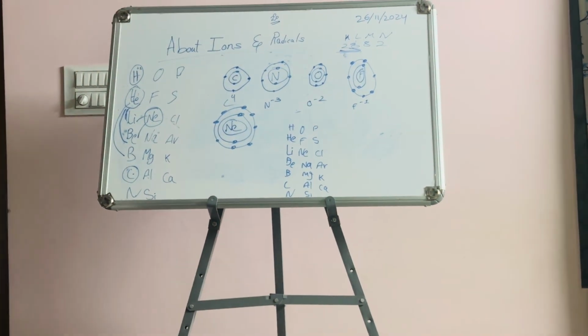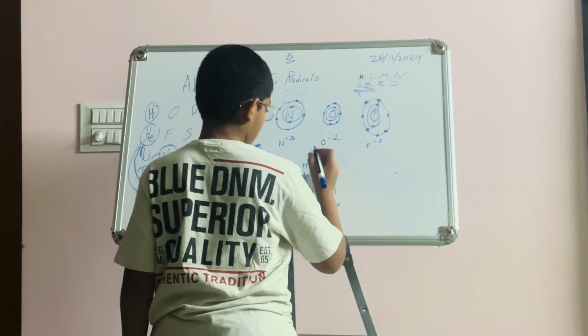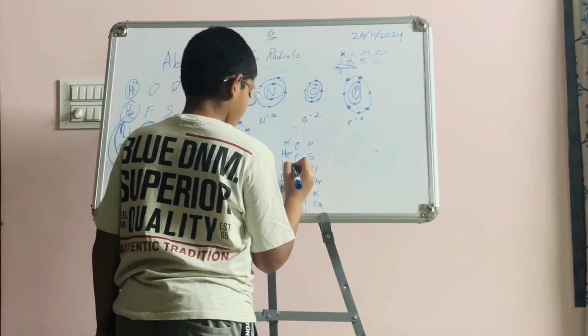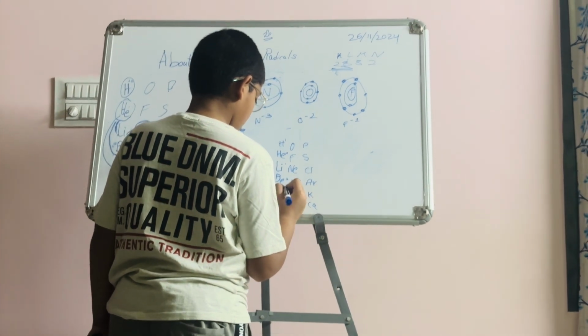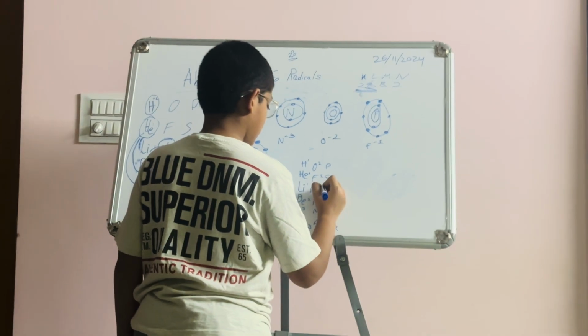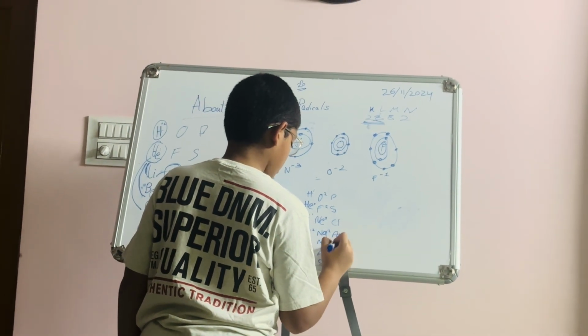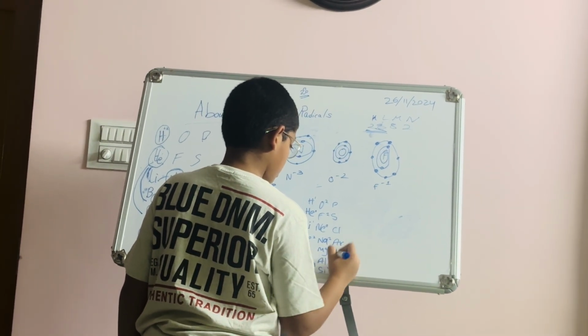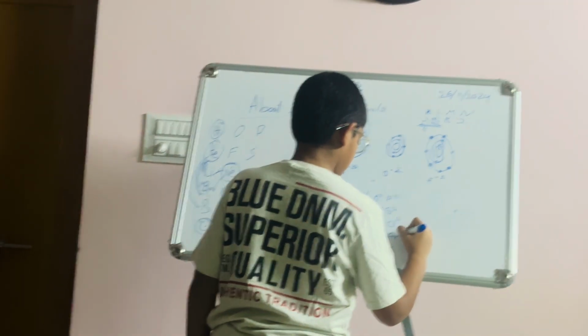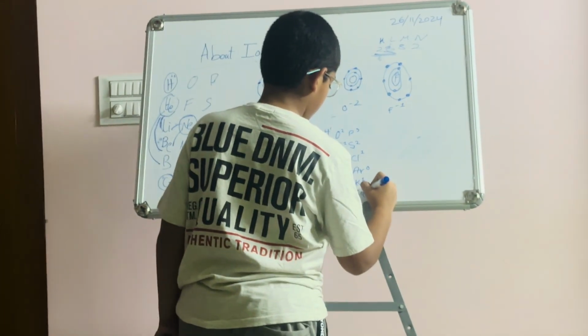For all these elements we can find valency like 1, 0, 1, 2, 3, 4, 3, 2, 1, 0, 1, 2, 3, 4, 3, 2, 1, 0 and 1 and 2.